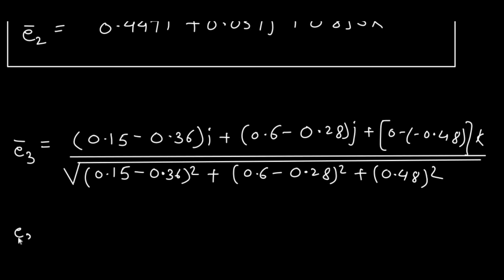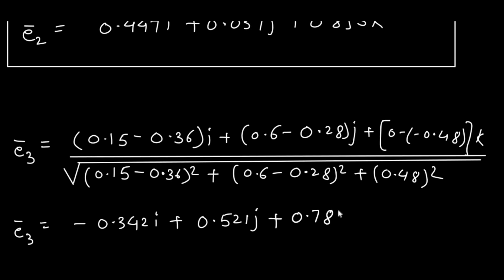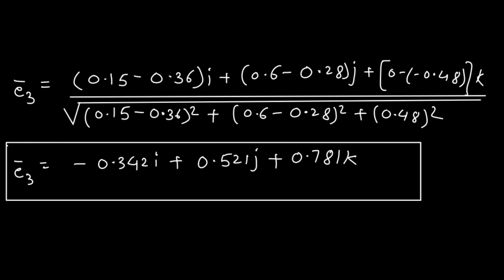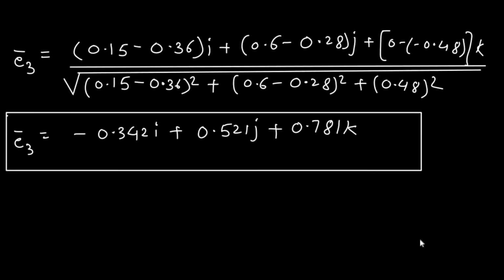So after doing the calculation, we are getting the unit vector along that direction as minus 0.342i plus 0.521j plus 0.781k. So this is our unit vector which is passing through point P to point 3. So in this way we have calculated the unit vector for observation number 1.